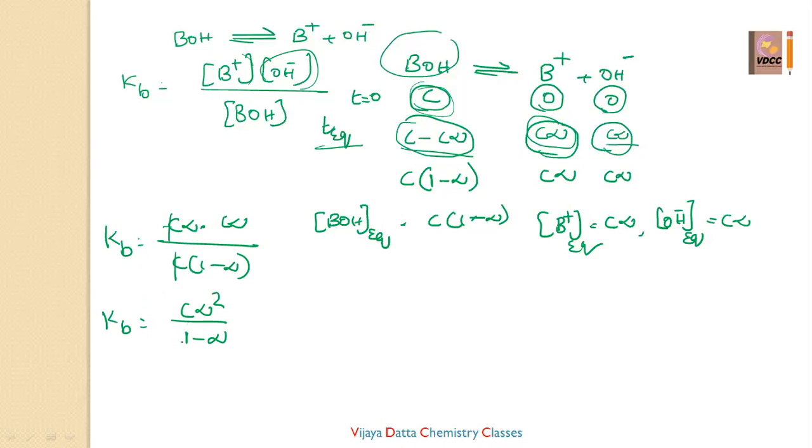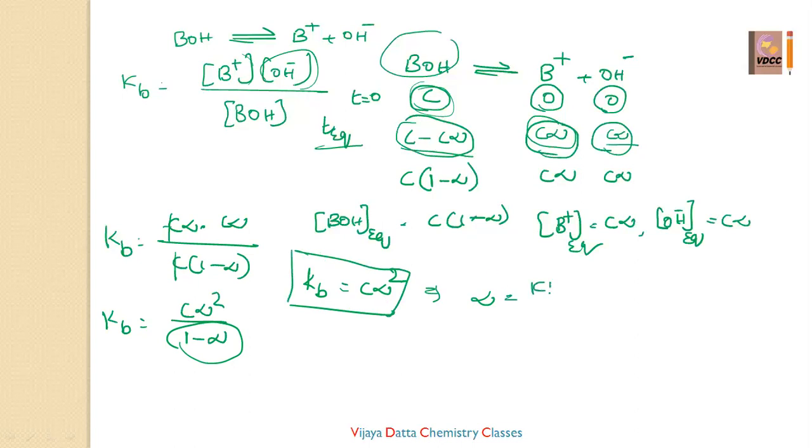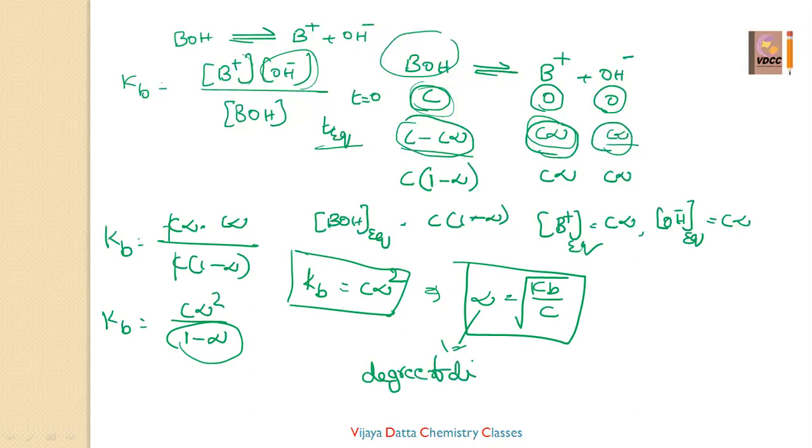But the degree of dissociation alpha will be very small, so we can consider Kb equals C alpha square. Then to calculate alpha, alpha equals root Kb by C. C is the concentration, alpha is the degree of dissociation.